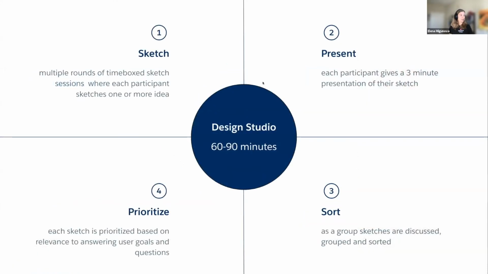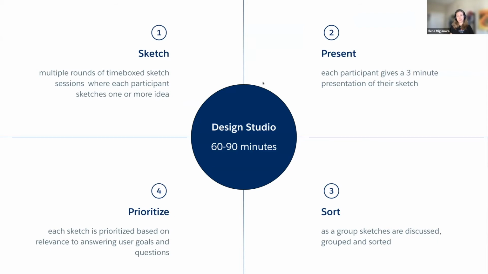Ideating usually happens in the form of a design studio. A design studio is just a meeting where you collaborate with a team and sketch out your ideas. You start with a round of time-boxed sketching where you look back at the most important questions that your user is asking and start sketching the solution to answer those questions.